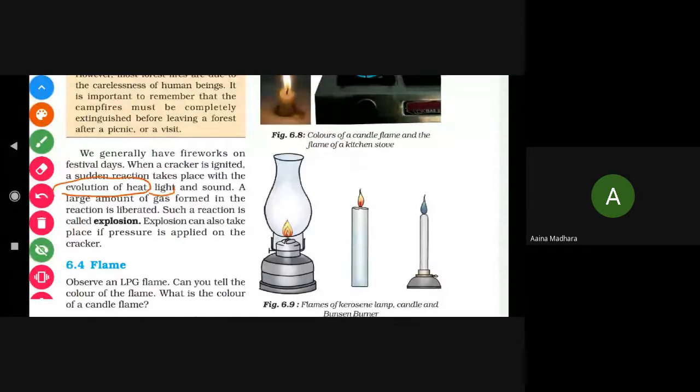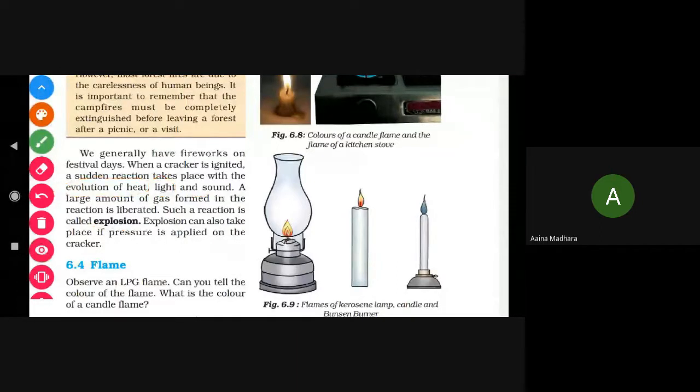Evolution of heat matlab it is going to burn. It is going to produce light as well as sound. This is called explosion, and in that process a large amount of gas is formed in the reaction.